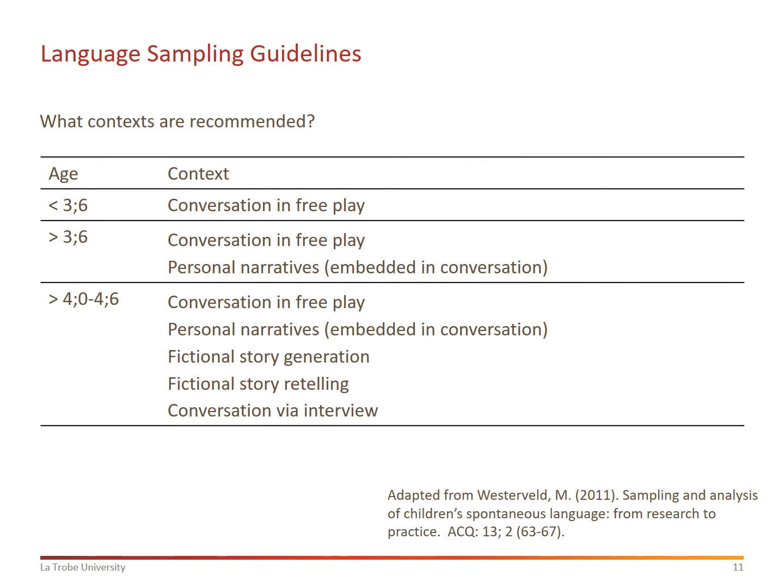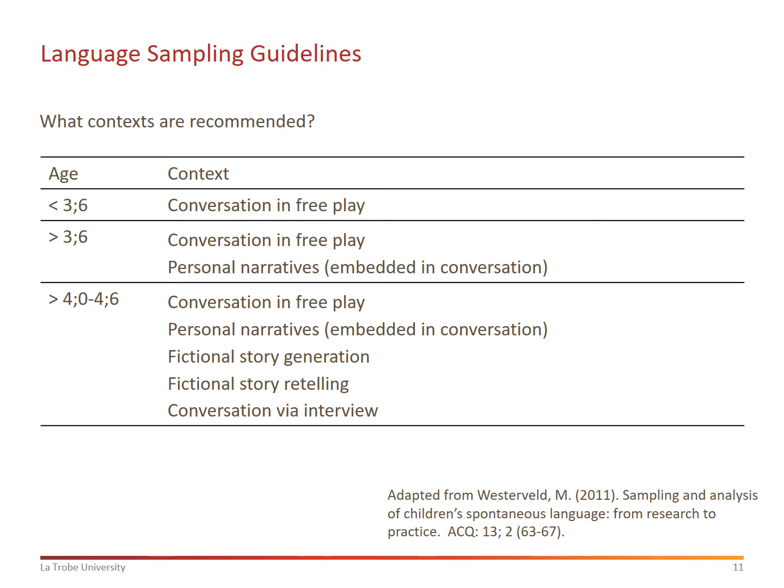So again, some general guidelines. These are not fixed, but under 3.5, our samples will usually be with the child in free play. Over 3.5, free play is absolutely fine as well, but we can still now start getting some personal narratives. So the child can talk to you a little bit more about themselves and what they do or what's at home and so forth.